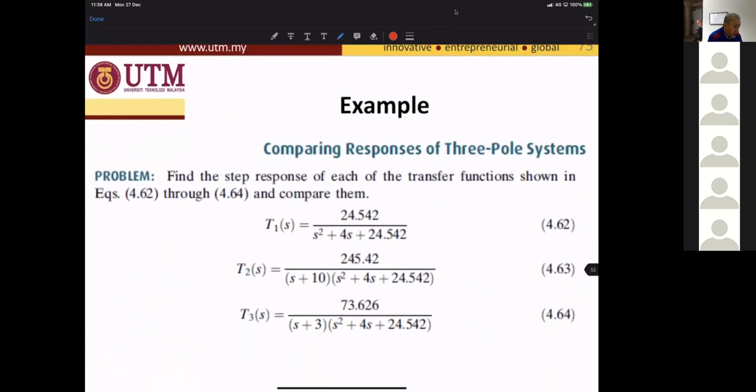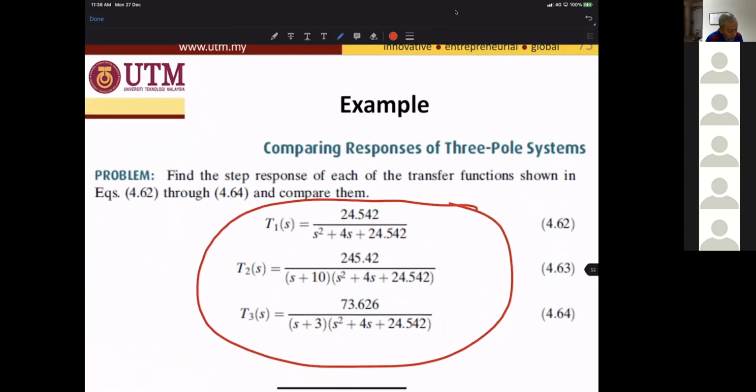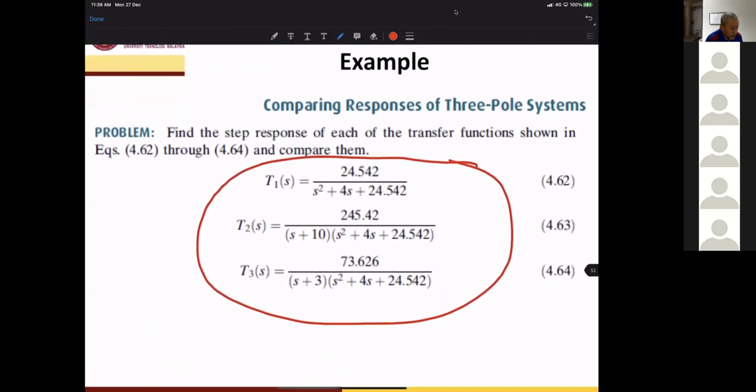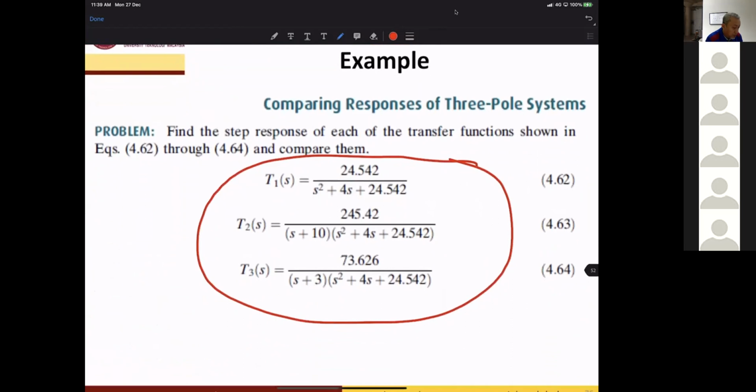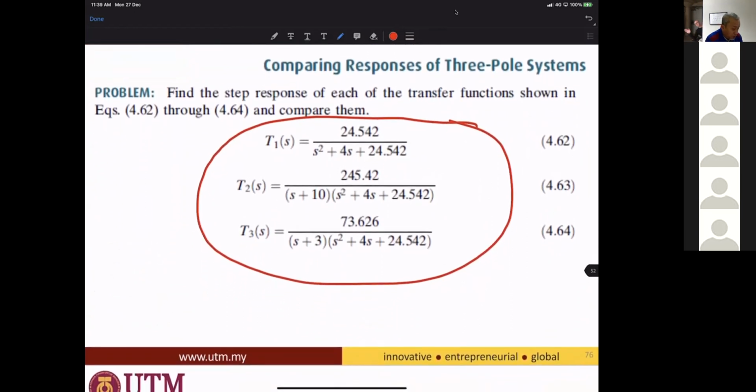You are given the 3 transfer functions, T1, T2, and T3, as shown in the WhatsApp.